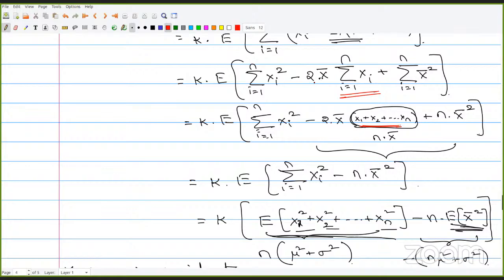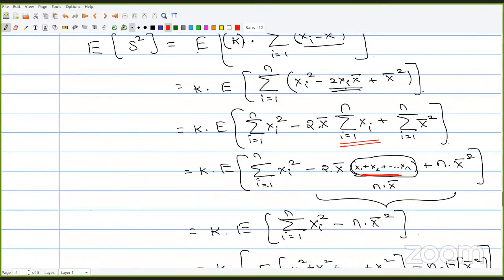This is 2 times x bar. See, I just took this summation inside each and every term. This summation, i equals 1 to n of xi, is x1 plus x2 plus and so on plus xn. So this will be 2 times x bar times x1 plus x2 plus and so on xn.